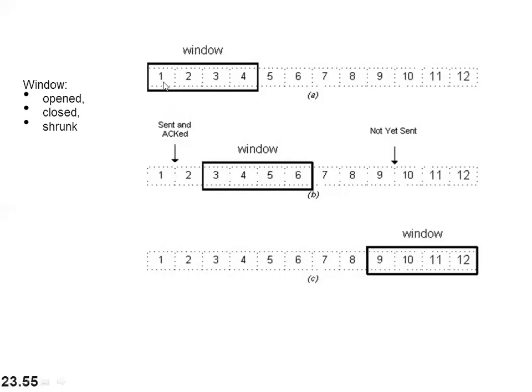Acknowledgement can be cumulative also. That means the receiver need not be sending the acknowledgement for each byte separately. Let us say receiver received 2 bytes, byte 1 and 2, the receiver can send the acknowledgement. That is, the acknowledgement number is going to be 3, which means that the receiver is expecting to receive byte number 3 next.